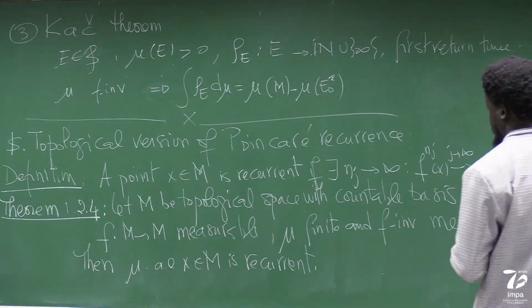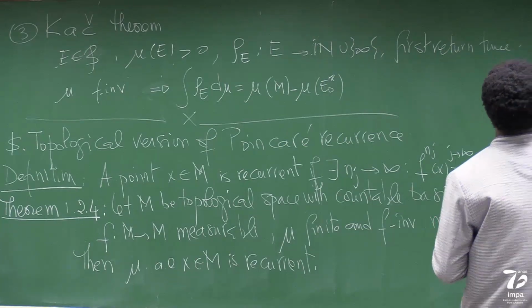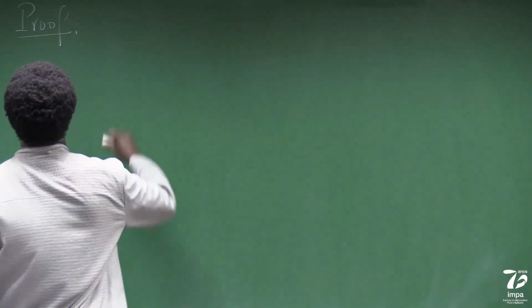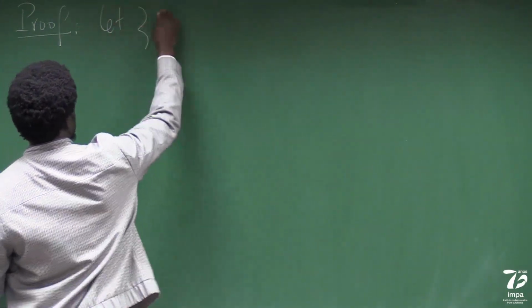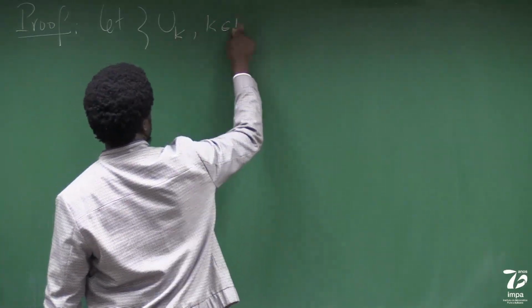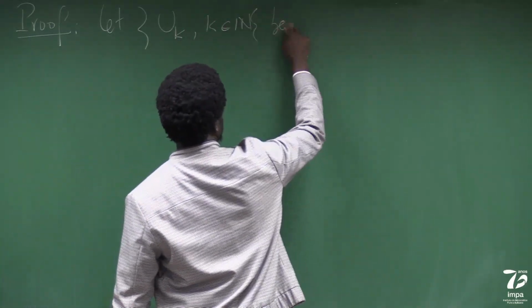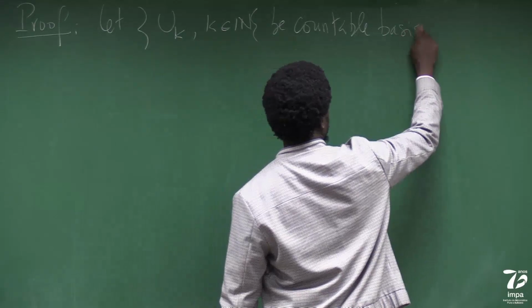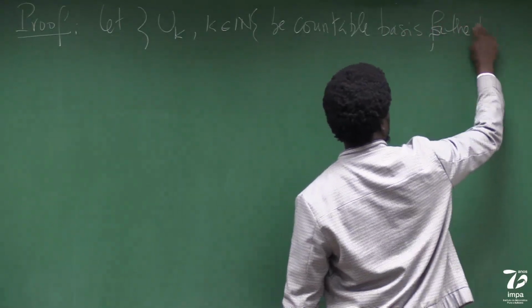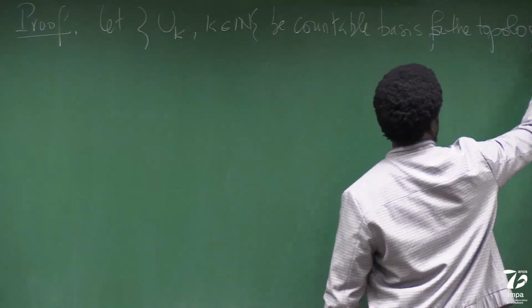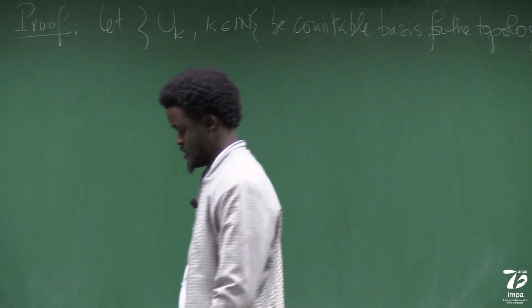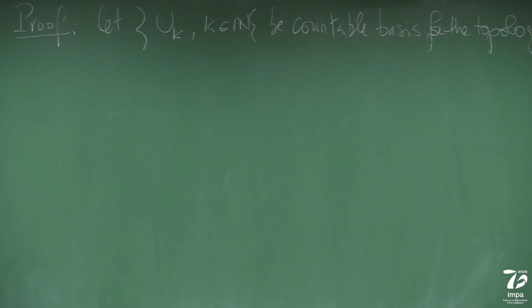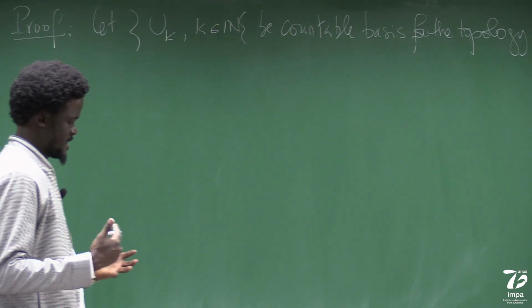So here what you need is just, let's prove this. We start with choosing a countable basis, let U k, k in N, be a countable basis for the topology. You want to prove that almost every point is recurrent.